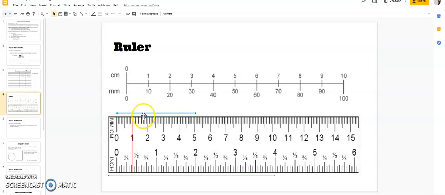If I started at the edge, am I going to come up with 5 anymore? Let's try it out. All right, I moved over to the edge, and now I'm right in between 4 4/10 and 4 5/10 centimeters, or 45 millimeters. So we know that that's not accurate. We always have to bring it over to the 0.